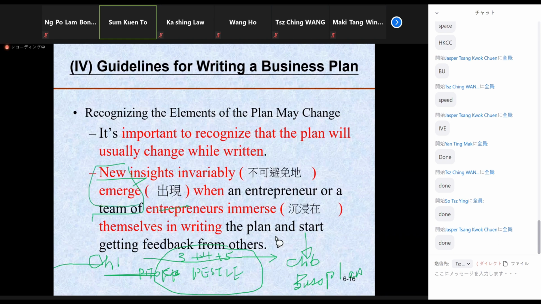All right, some new idea may pop up when you start writing, but you don't say, "Hey, come on, everything I've done in the past become rubbish, vanish, okay, no use."